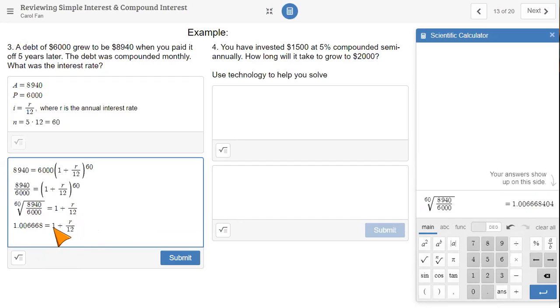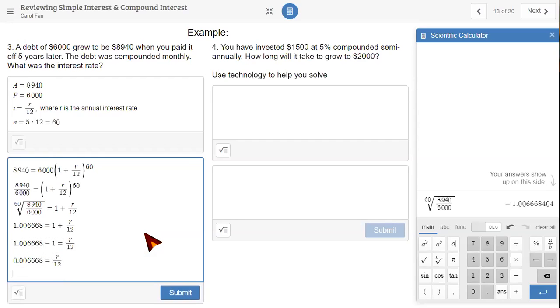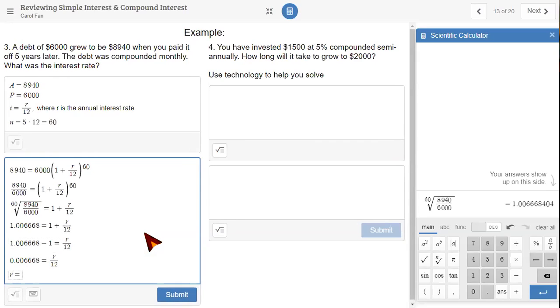I'm going to subtract 1 from both sides. So 0.006668 equals R divided by 12. So let's multiply 12 to both sides.